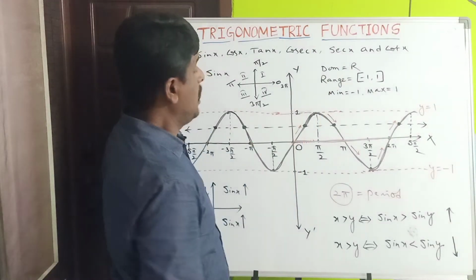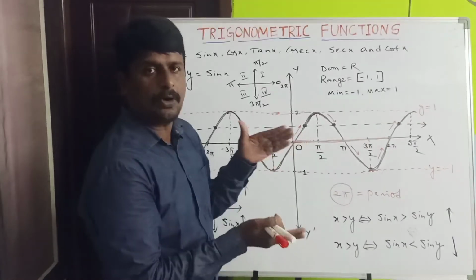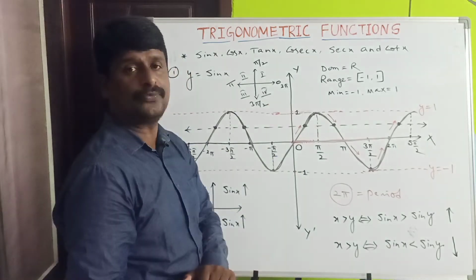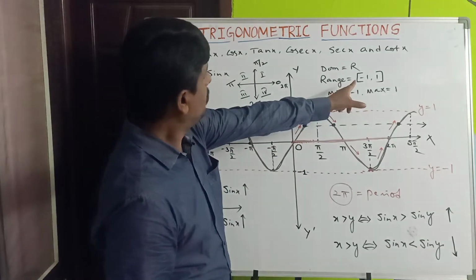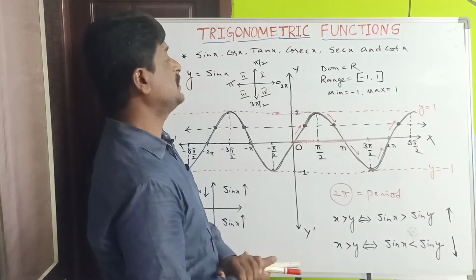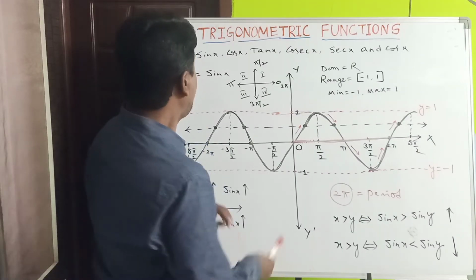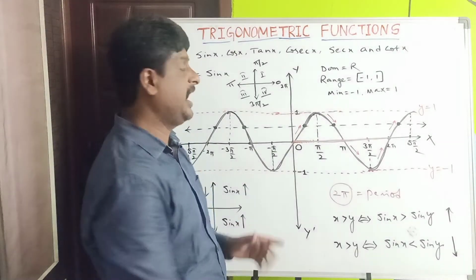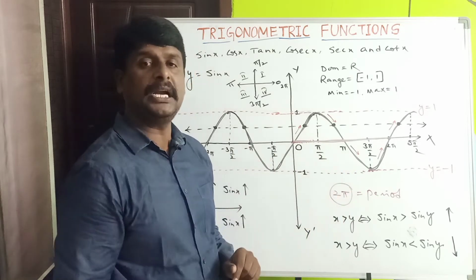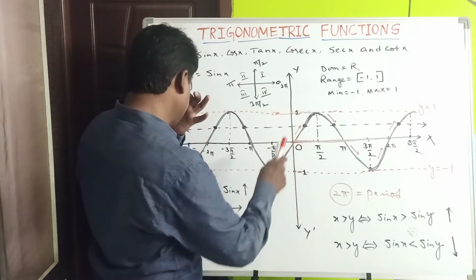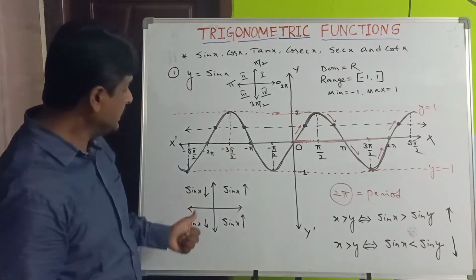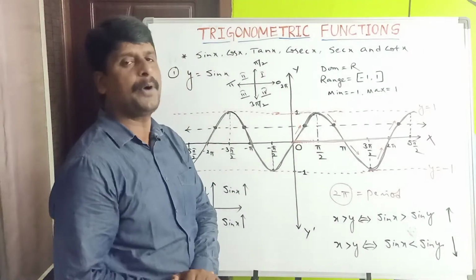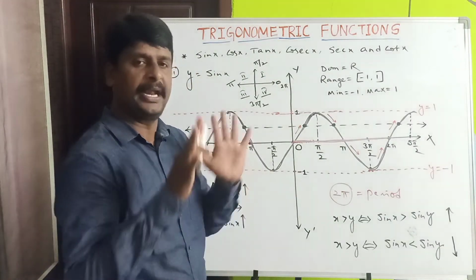Its domain is R. Its graph always lies between the lines y equals -1 and y equals 1. Its range is -1 to 1. By the range we can identify the minimum and maximum values. Also it is not one-one. It is continuous everywhere, differentiable everywhere. A periodic function with period 2 pi, and also increasing in first and fourth quadrants, decreasing in third and second quadrants. So this is about the sin x graph briefly.